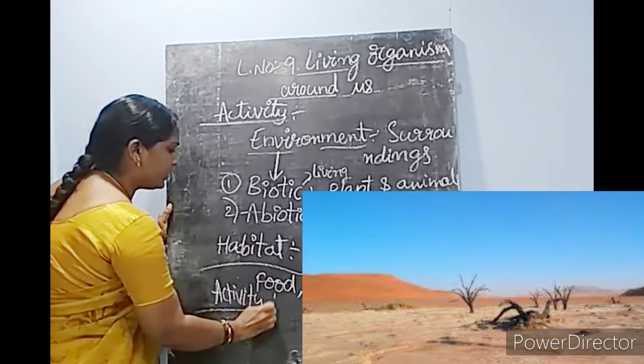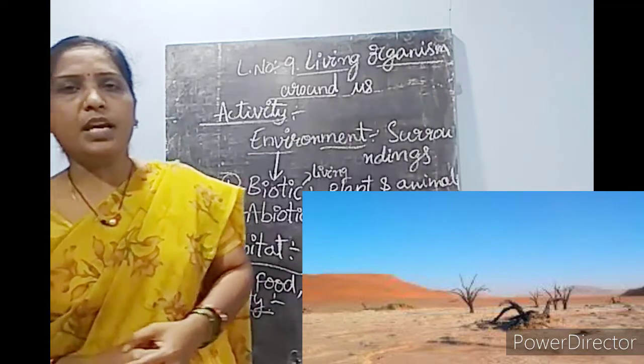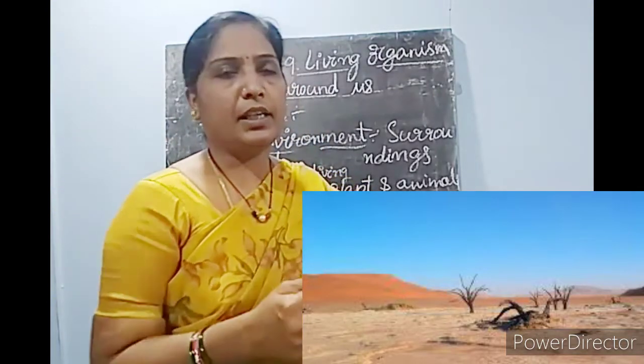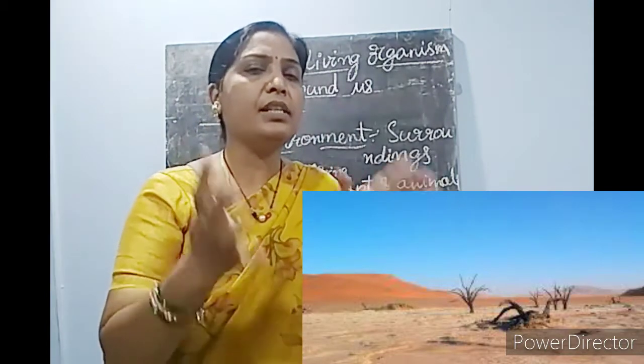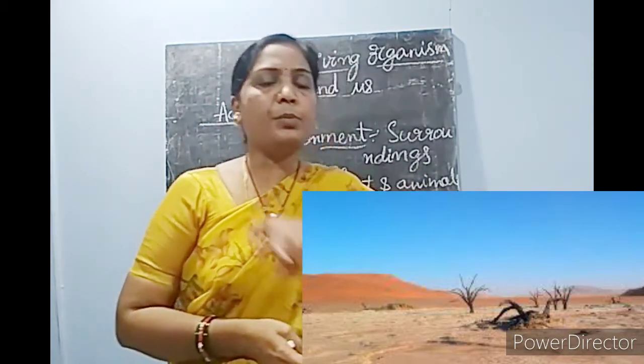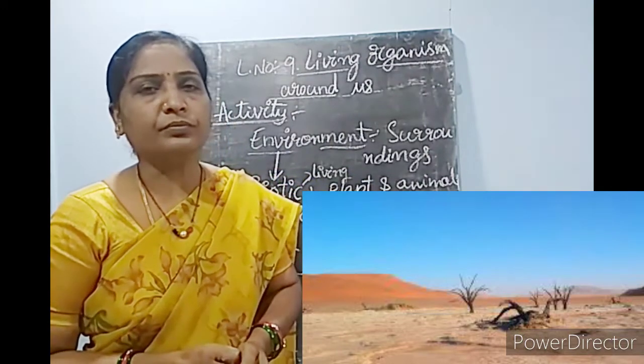Take your pen and your science notebook, on a white page, draw a desert. Whatever comes to your mind when I say the word desert, just put it on the paper.